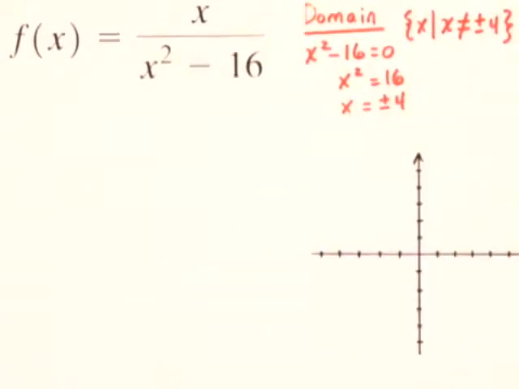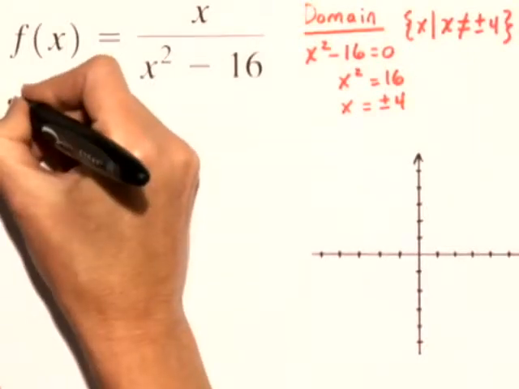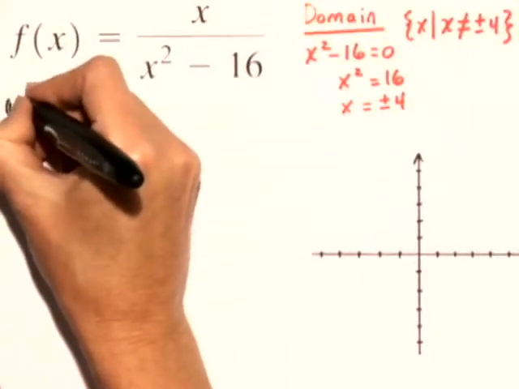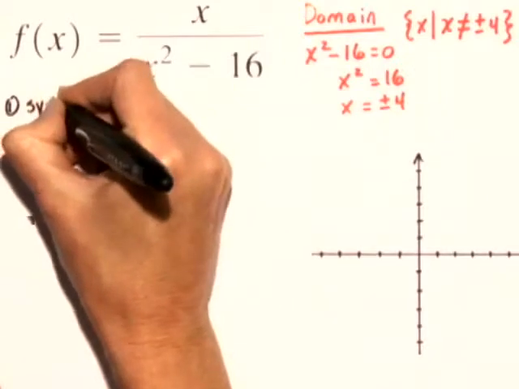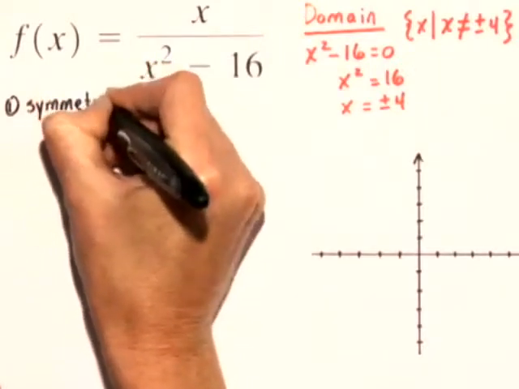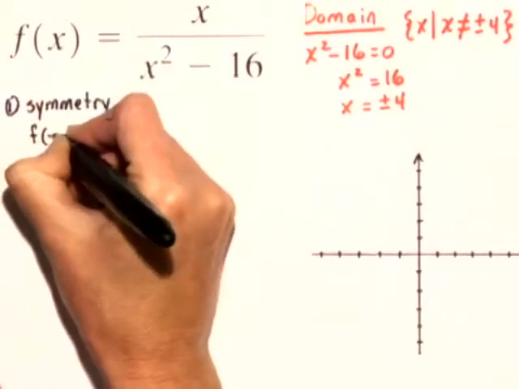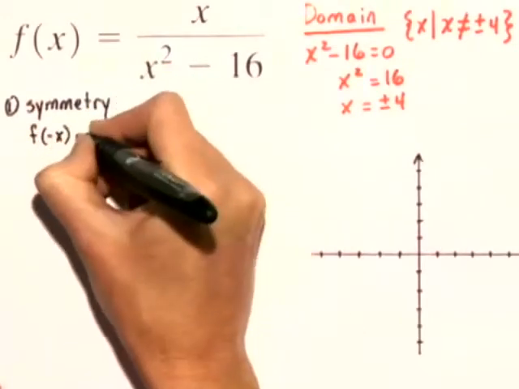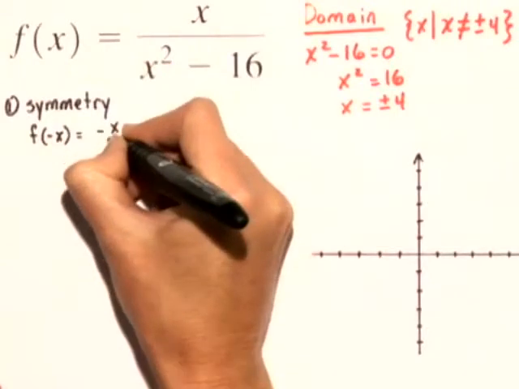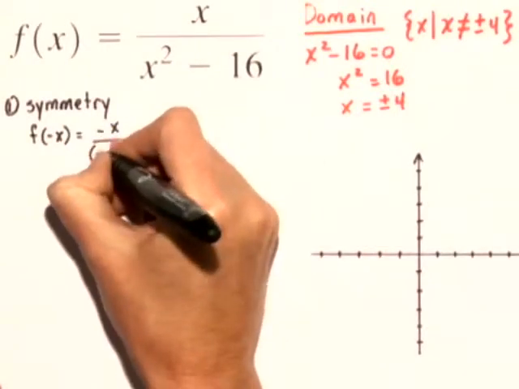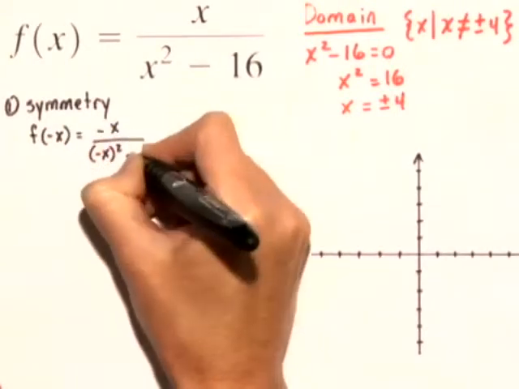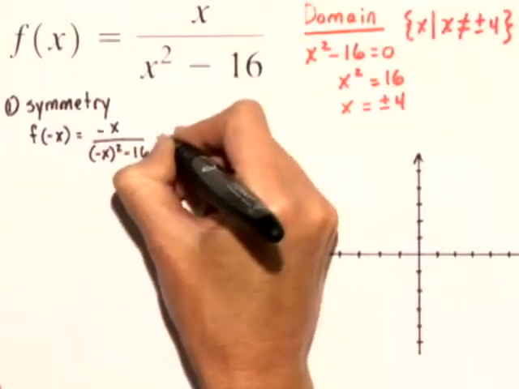Now, let's move on to step 1. Step 1, we want to first determine if we have any symmetry in this rational function. In order to find symmetry, we look at f of negative x. So we have negative x over negative x quantity squared minus 16.